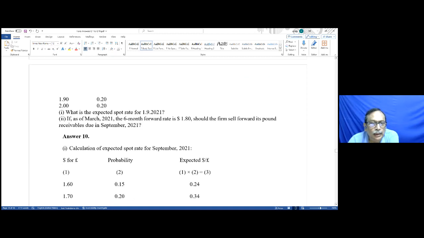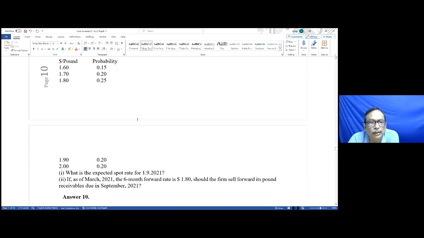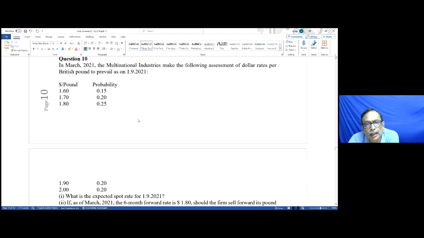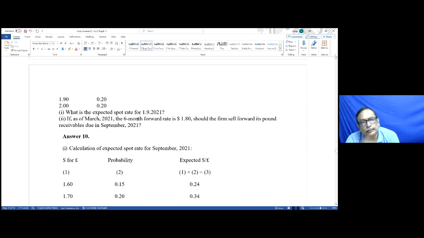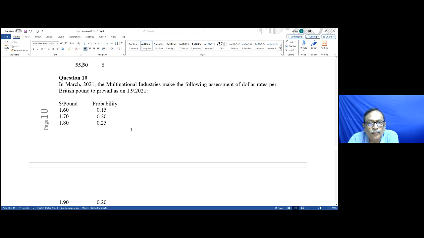Now, the question is given: what is the expected spot rate for 1st September 2021? If, as of March 2021, the 6-month forward rate is $1.80, should the firm sell forward its pound receivables due in September 2021?